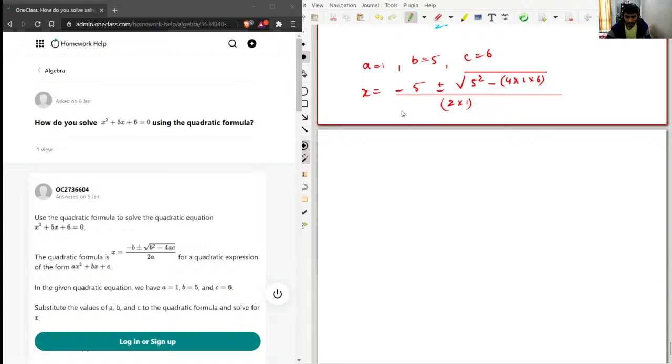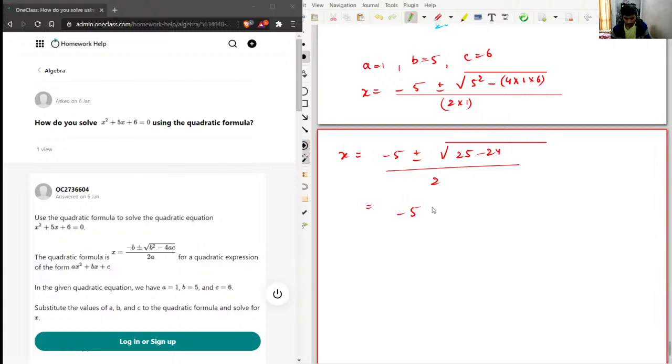So we are going to get two values from this formula, and x is minus 5 plus minus square root, this will be 25 minus 4 6s are 24, over 2. So this will become minus 5 plus minus, this will be square root of 1, which is nothing but 1 only, and 2.